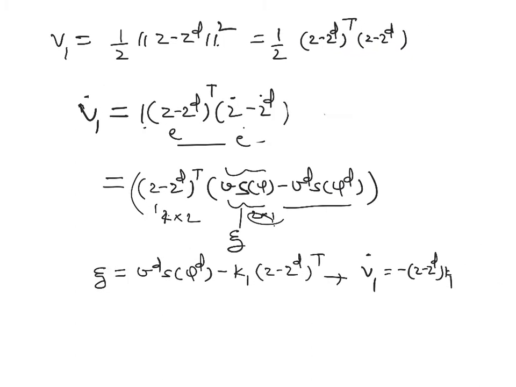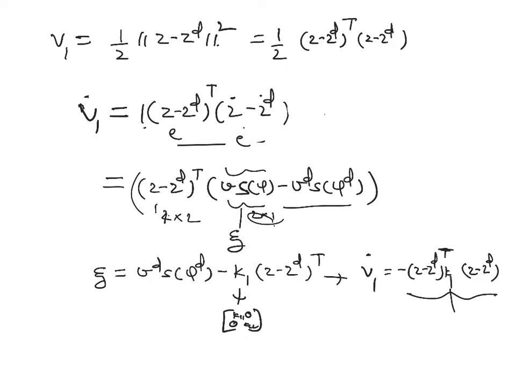K1 is a 2 by 2 matrix, so it can be k11, k22. It's a diagonal matrix, but positive, so it's positive definite. So z minus z desired transpose, right? This is negative definite, because if k1 is positive definite, this whole thing, v1 dot, is negative definite.